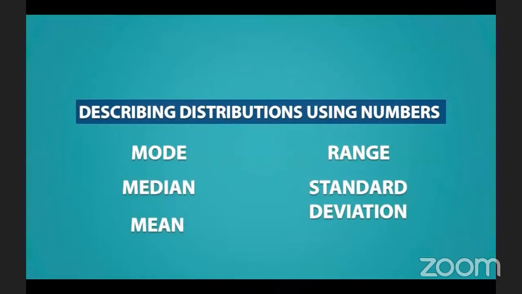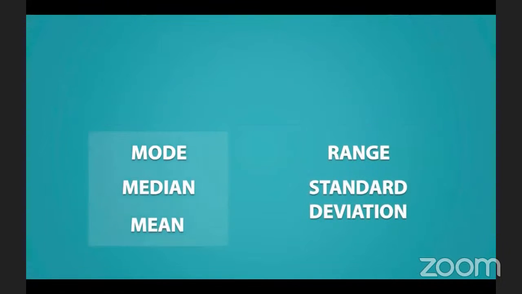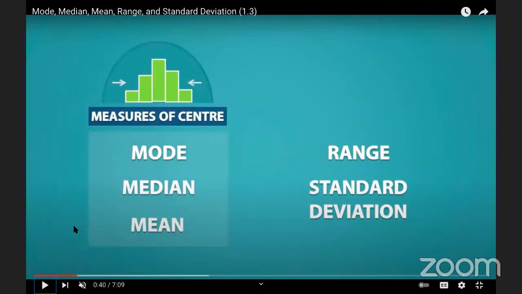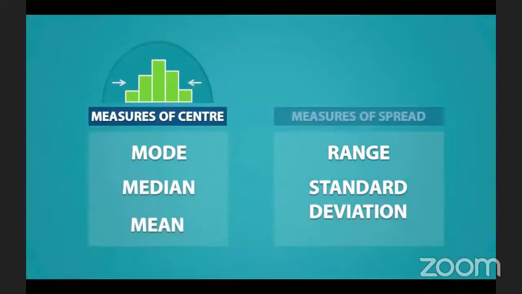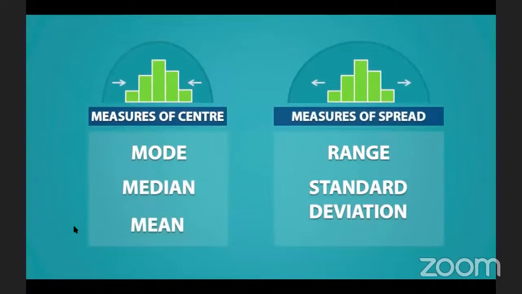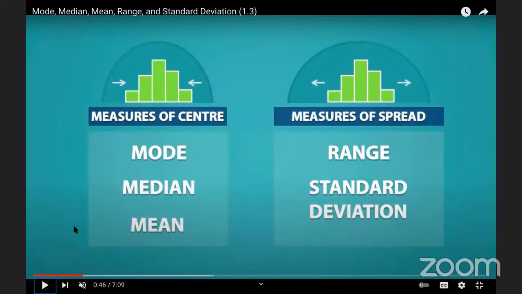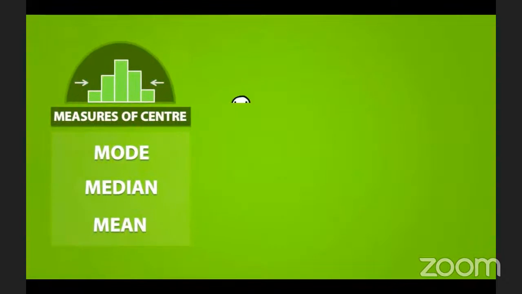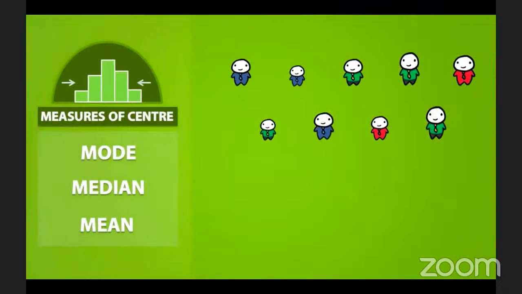It's all about numbers. When we talk about numbers, measuring central tendency comes with the concept of mean, median, and mode. Something else is related to measuring the spread. What the spread and the center are, you will understand once we come towards the end of this topic. So let us first try to understand what mean, median, and mode are.